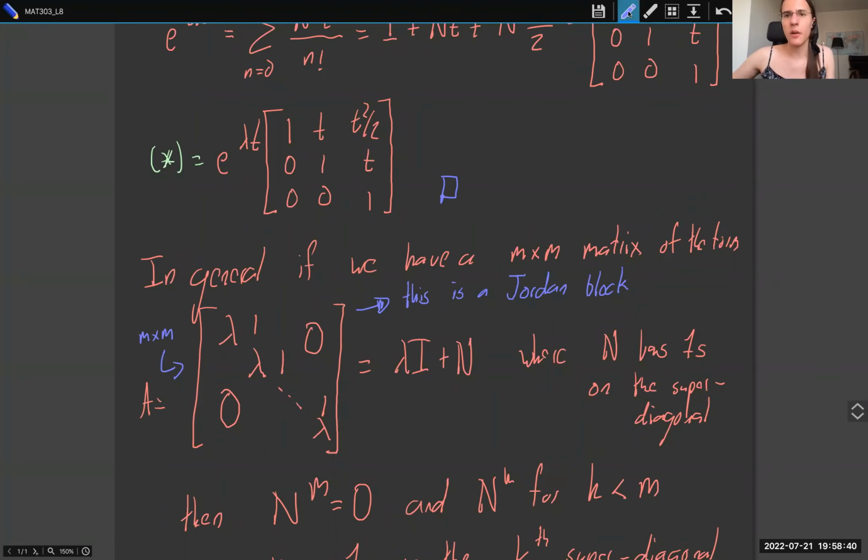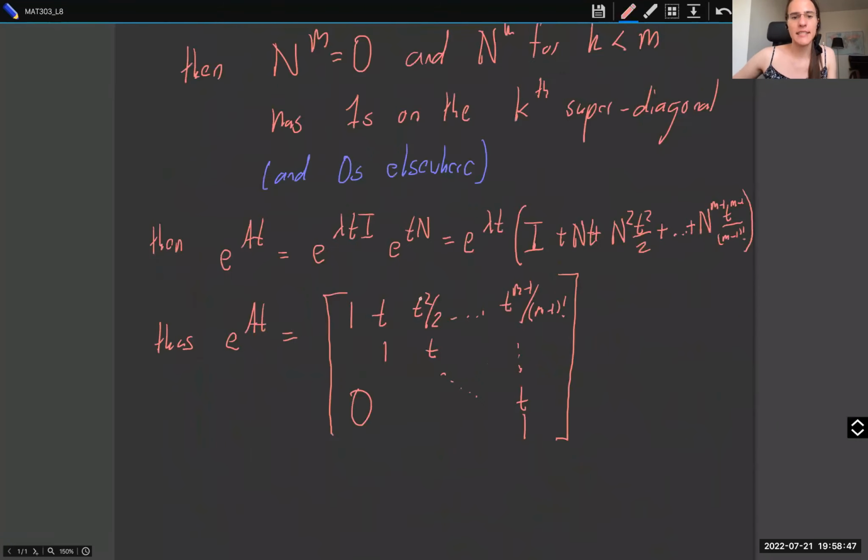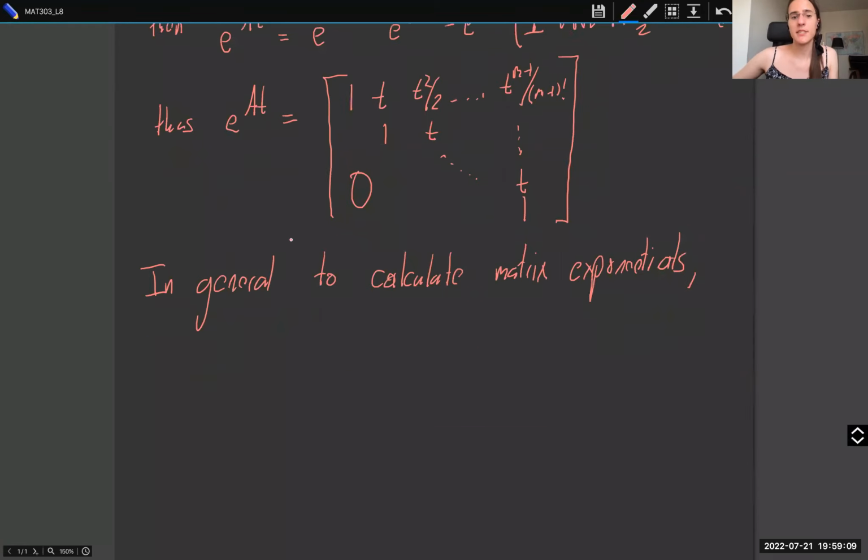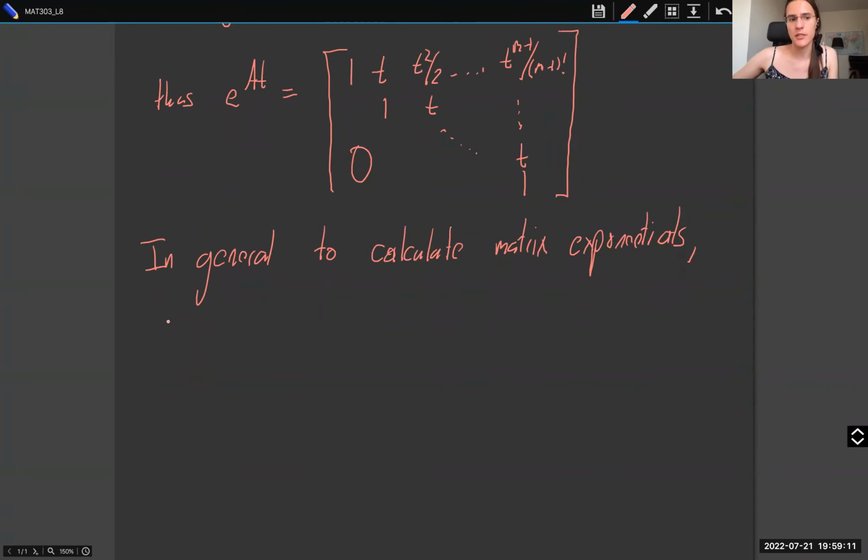And now I'm going to talk about the Jordan decomposition theorem. And the claim is actually going to be that in general, to calculate matrix exponentials, it suffices to know how to exponentiate Jordan blocks.